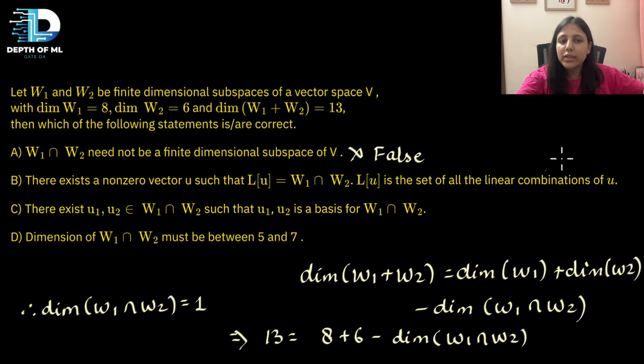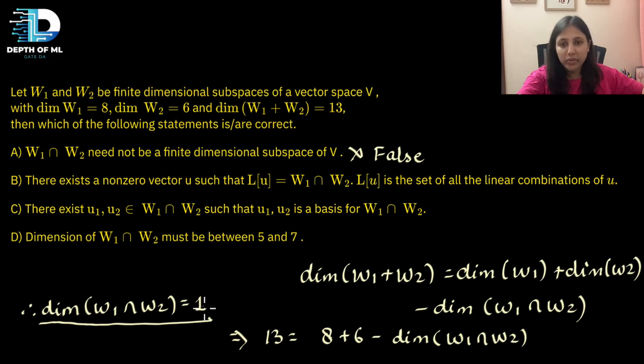There exists a non-zero vector u such that Lu is in W1 intersection W2. Lu is the set of all linear combinations of u. So this is saying that there is some non-zero vector u such that it belongs to W1 intersection W2 and all possible linear combinations of that vector also exist. We know that the dimension of W1 intersection W2 is 1. It means that it is being spanned by a single vector.